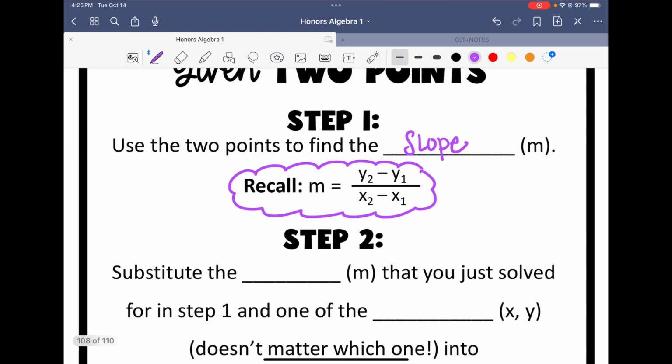Then we substitute the slope you calculated in step 1, and one of the points. You just choose, do you want x1, y1 or x2, y2? It doesn't matter. You just need one of those points.